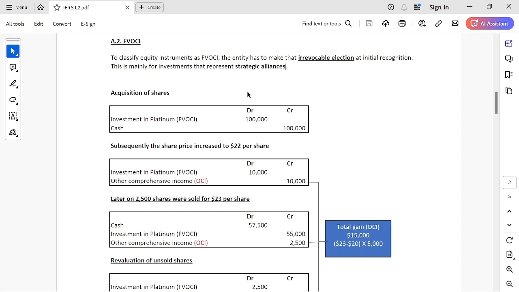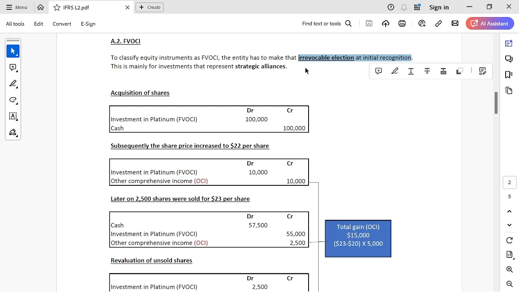So what IFRS 9 came up with here was a solution to that, but it has some strict conditions. IFRS 9 said if you want the changes in fair value, the unrealized holding gains, and even when realized later on, to go to OCI, not to profit or loss, you have to make such an election at initial recognition, and it is irrevocable.